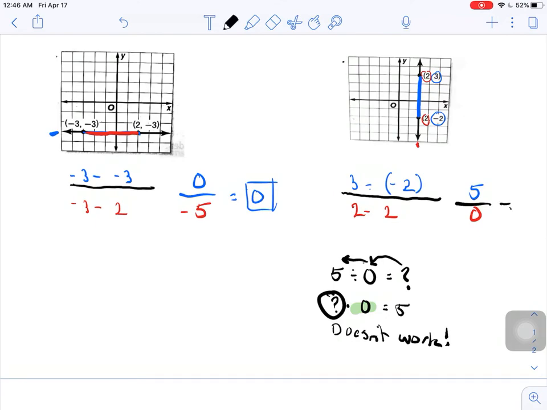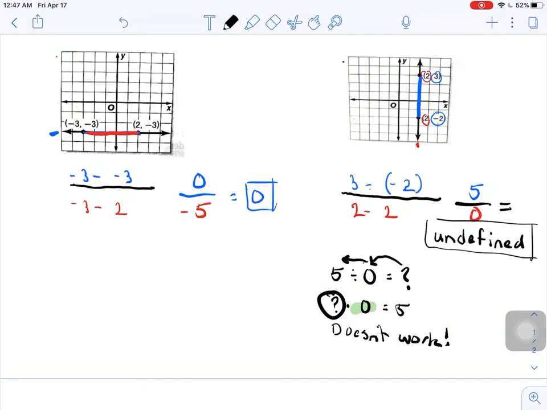So in math, there is a word that we use for something that doesn't have a number answer, and that word is undefined. So there's no defined or no definite answer, which is why we say undefined.